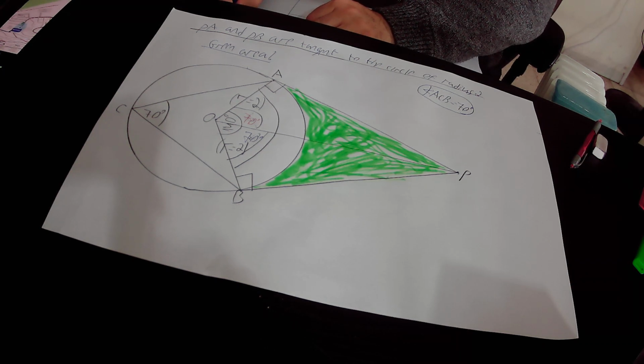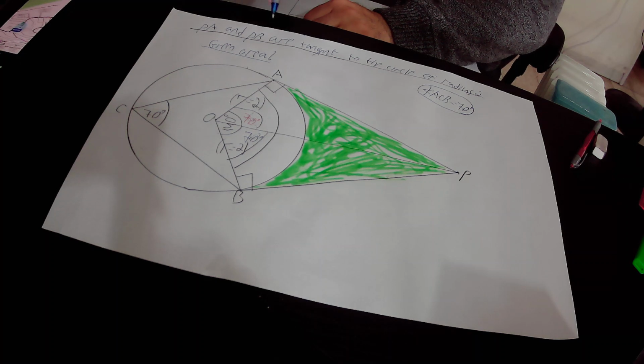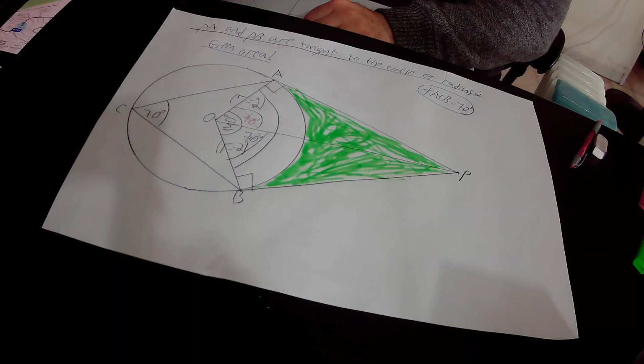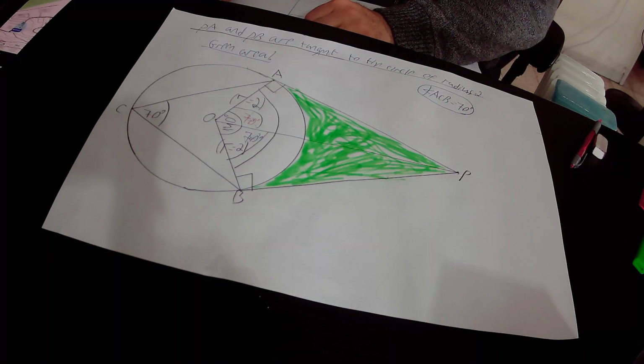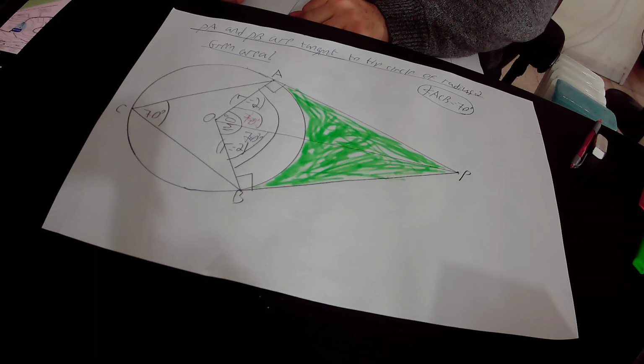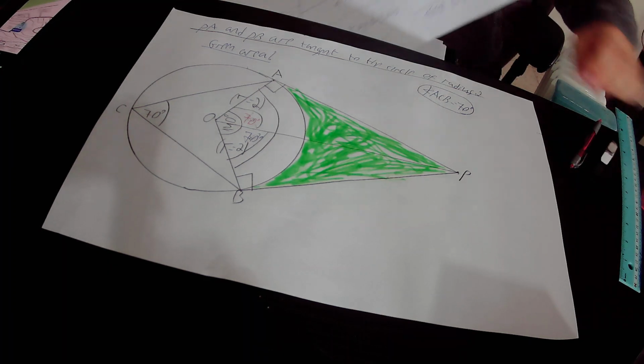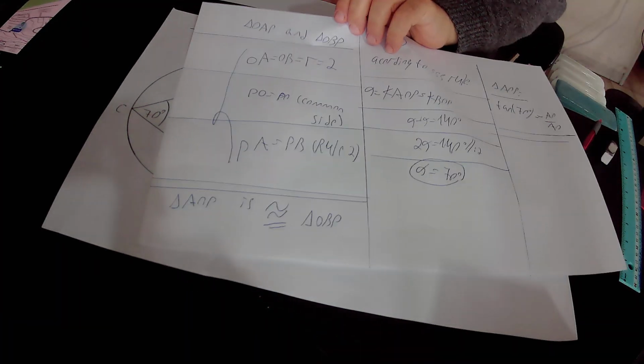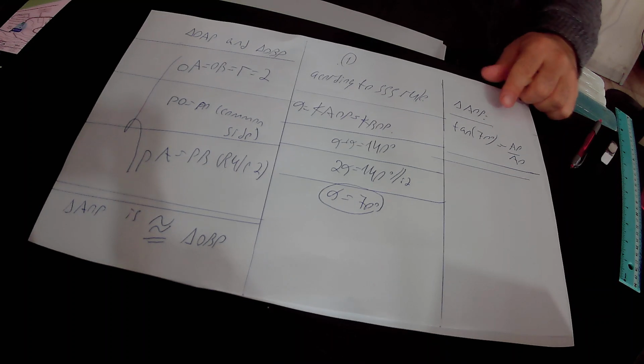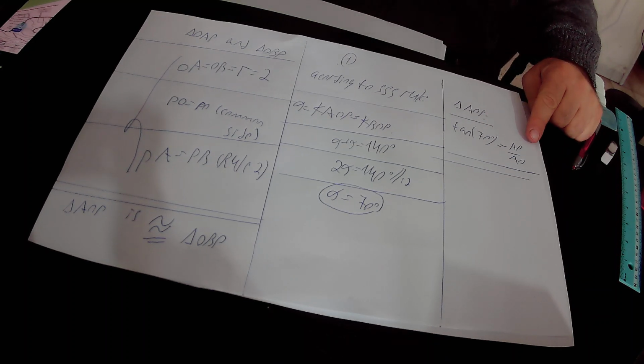Tangent 70 degrees in this right angle triangle AOP is equal to AP over AO. Repeat again, in the right upper triangle AOP, tangent 70 degrees equals AP over AO.